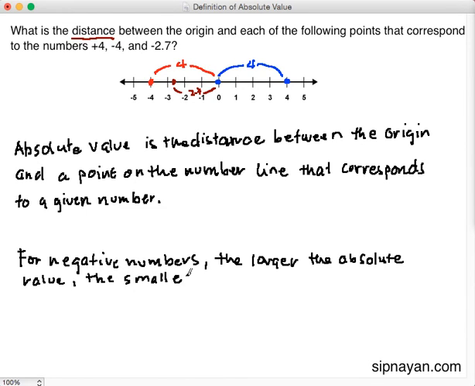Okay? Okay, so yan yung definition ng absolute value.